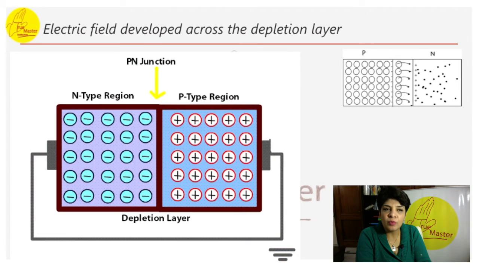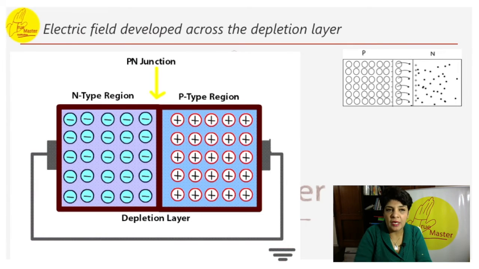Two important processes involved during the formation of a P-N junction are diffusion and drift. When the P-N junction is formed, the P side has a higher concentration of holes while the N side has a higher concentration of electrons. If you see this negative, these are the electrons. These ring-like structures show that this side has higher holes.